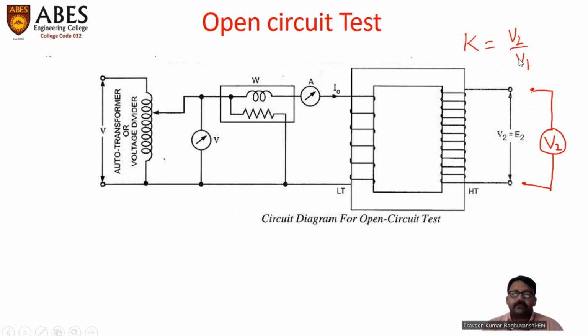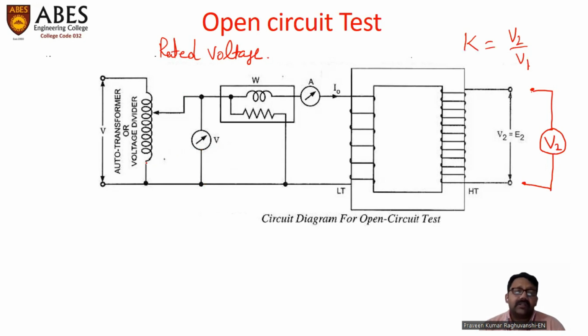The important point while performing the open circuit test is that it is conducted at the rated voltage of the primary side. The procedure for performing this test is that we increase the voltage from the autotransformer while keeping an eye on the voltmeter reading.